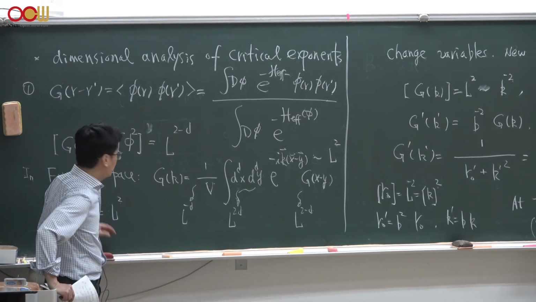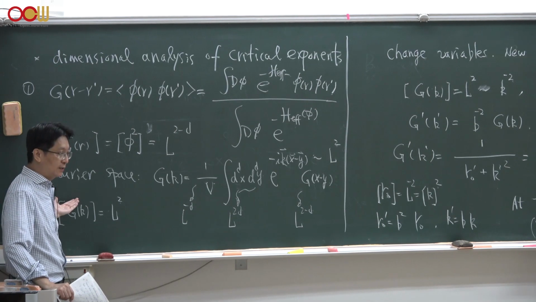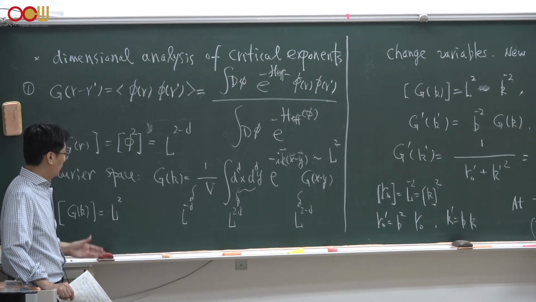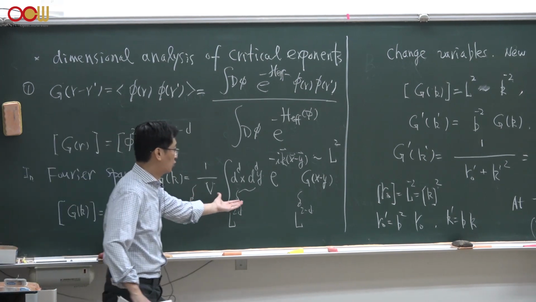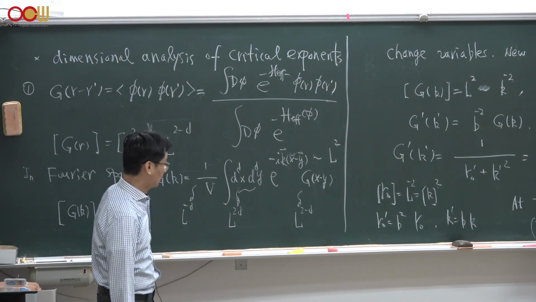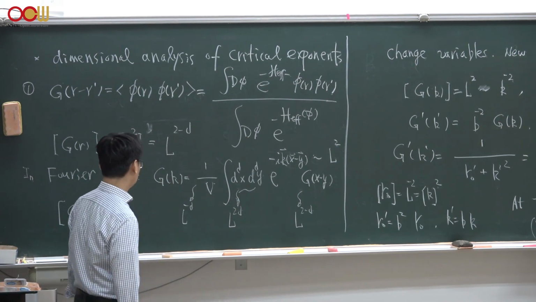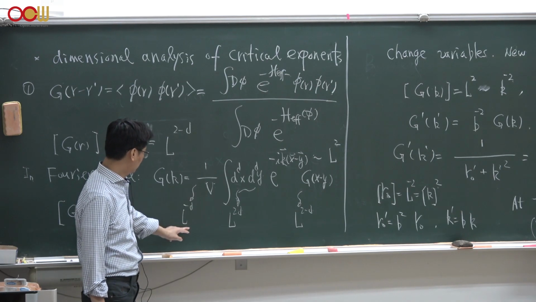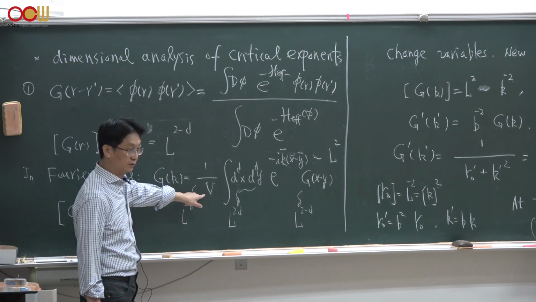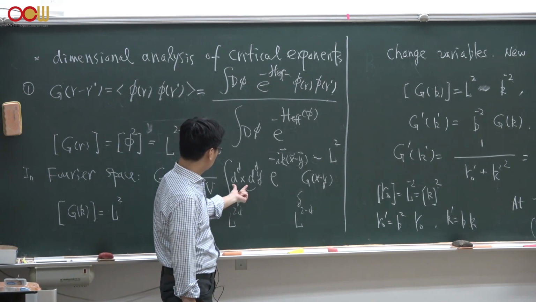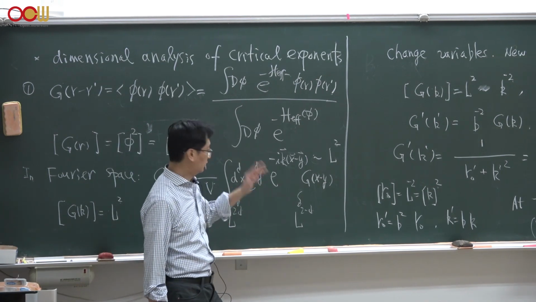You could Fourier transform this Green's function to k space, and again count the scaling dimension of g of k from this Fourier transform integral by making a product of all these different powers in length scale. For example, V stands for the volume, which goes as L to the d, but this is in the denominator. The integrand is dx to the power of d and dy to the power of d, and so on.